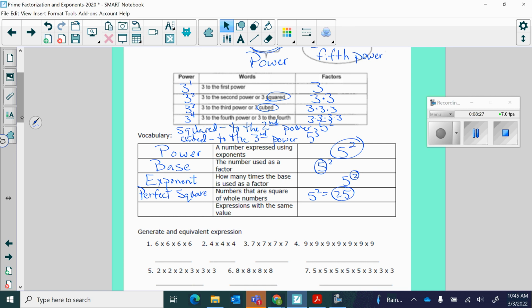And then expressions with the same value. We've actually had this term many times already. What do I call expressions that have the same value? Equivalent expressions. Good. So these are called equivalent expressions.